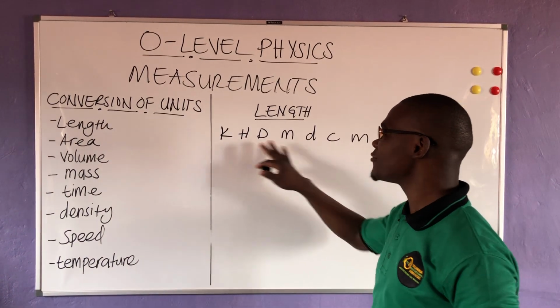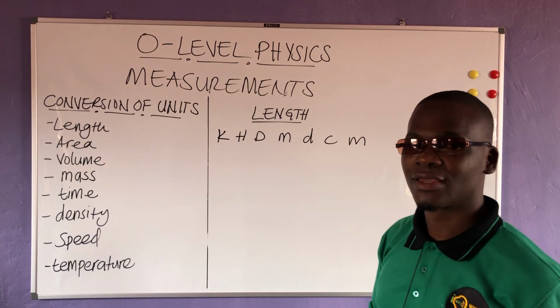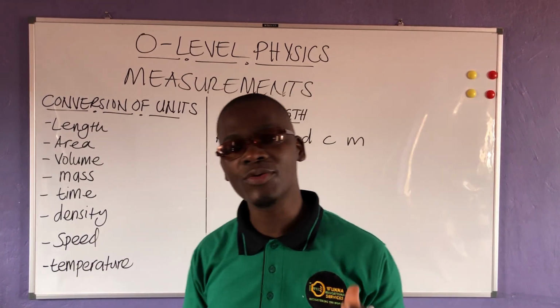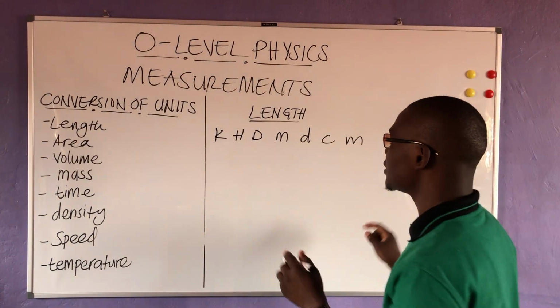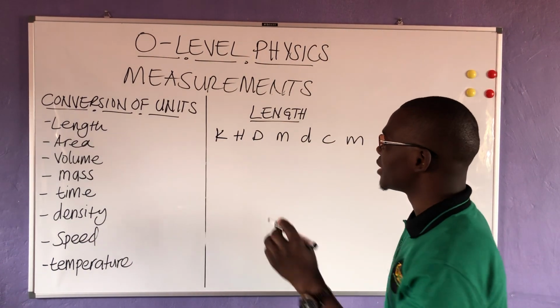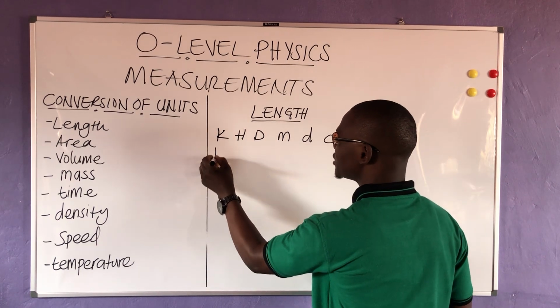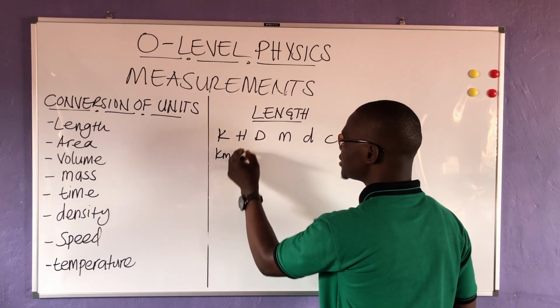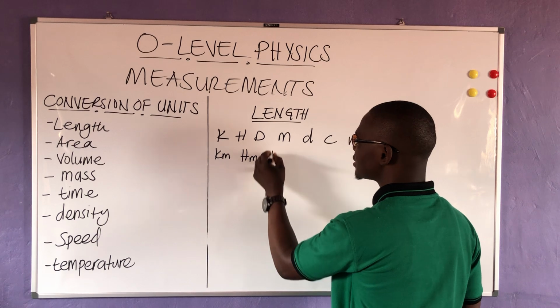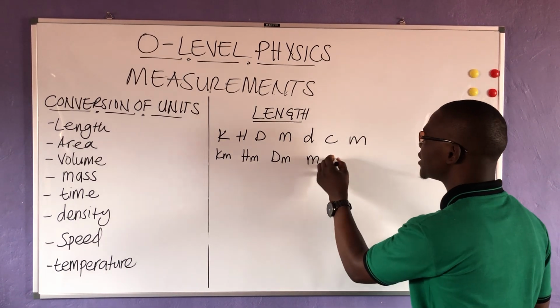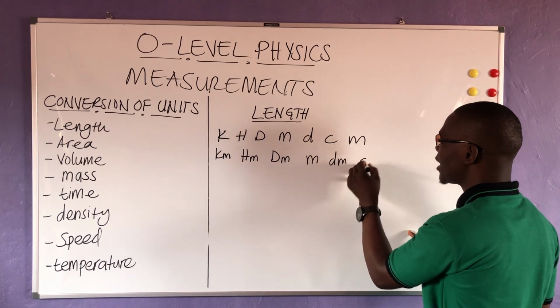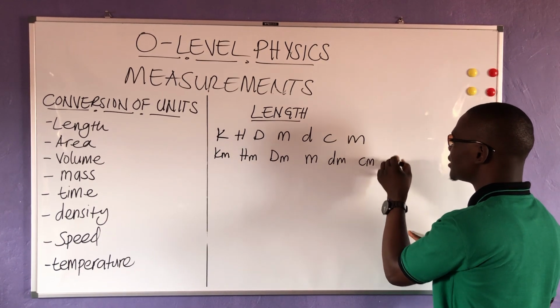This is a formula that helps us in converting from one unit to another when dealing with length. So this one will be for kilometer, this is hectometer, this is decameter, meter, we have decimeter, we have centimeter, and millimeter.